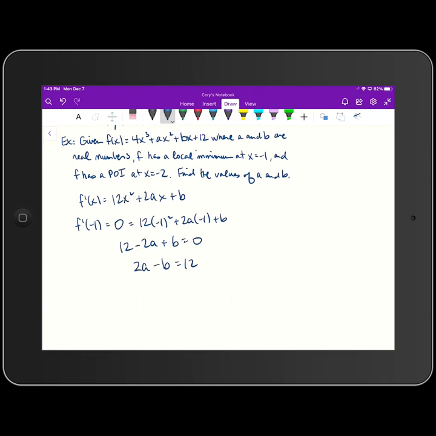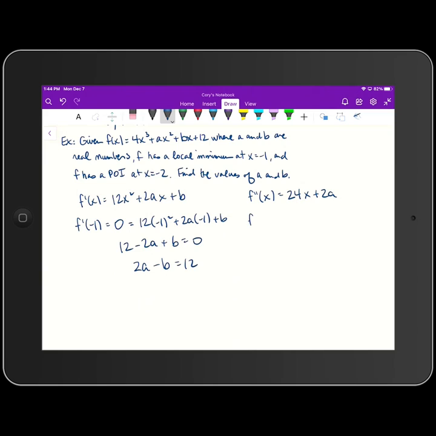Next we have that f has a point of inflection at -2. Point of inflection pertains to the second derivative. f double prime of x is going to be 24x plus 2a. Points of inflection occur at the critical point of the second derivative. Again, because this second derivative is a polynomial, the only critical point is where the second derivative is equal to 0.